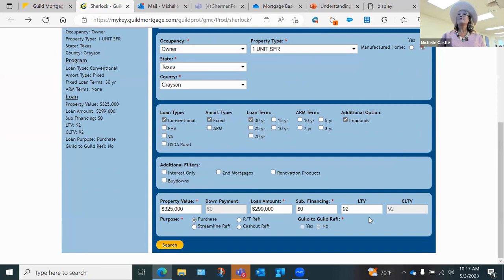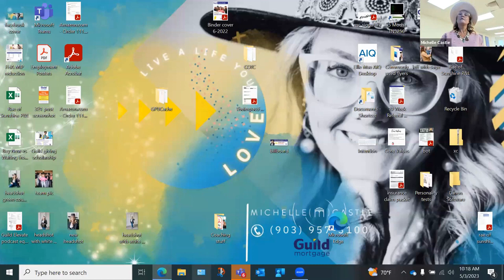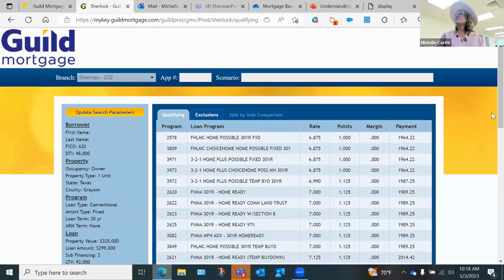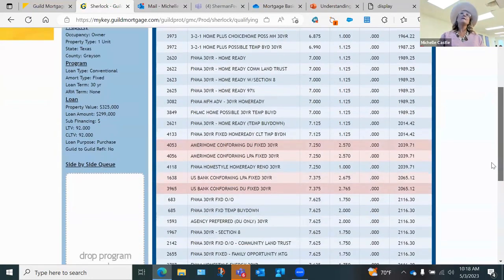So now let's go over here to search so you can see what happens. I wish I had a side-by-side for you so you could see. Hang on, I lowered something too much. So I'm going to go back to that same loan program.